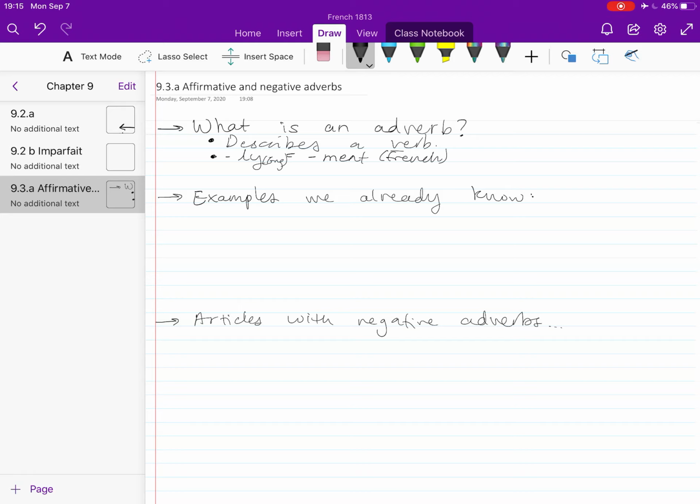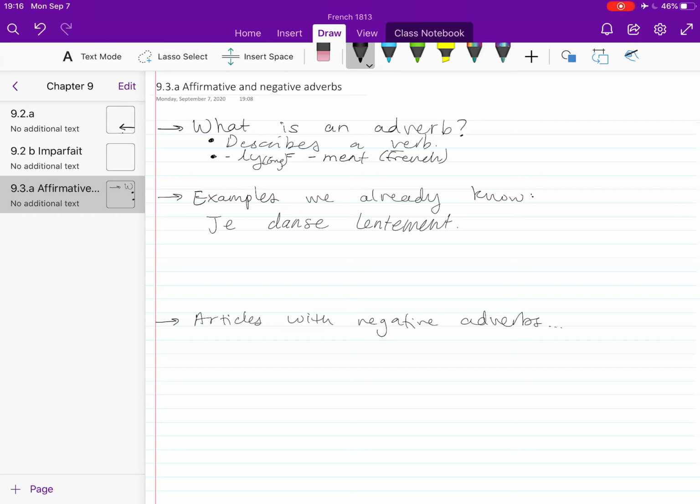Okay, so let me give you a couple of examples that you guys are already familiar with. Something like, je danse lentement, slowly.